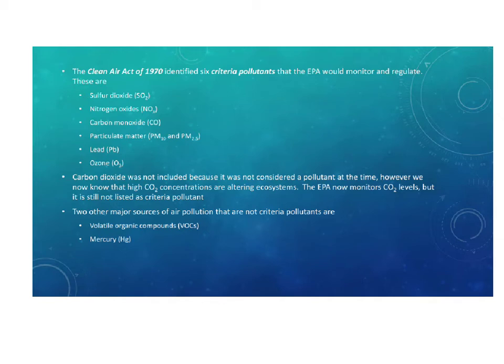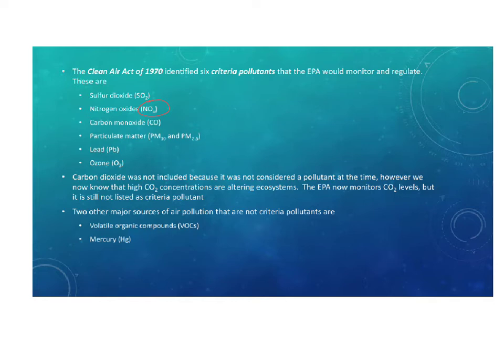The Clean Air Act of 1970 identified 6 criteria pollutants that the EPA would monitor and regulate. The 6 criteria pollutants are sulfur dioxide, nitrogen oxides, and if you're not familiar with this little thing right here, that says NOx there. The X means it can be NO or NO2, so nitrogen monoxide or nitrogen dioxide, but we just put NOx because it could be either one of those, and we'll talk about them separately later.